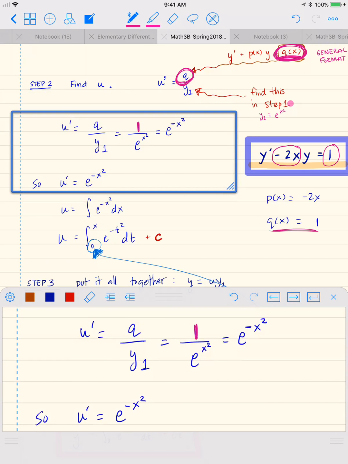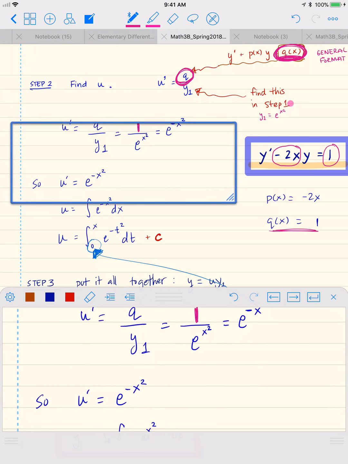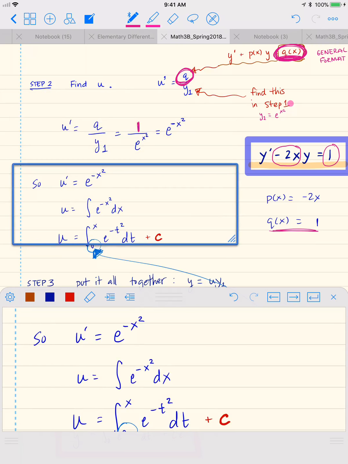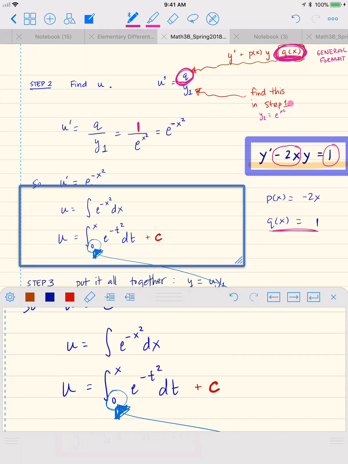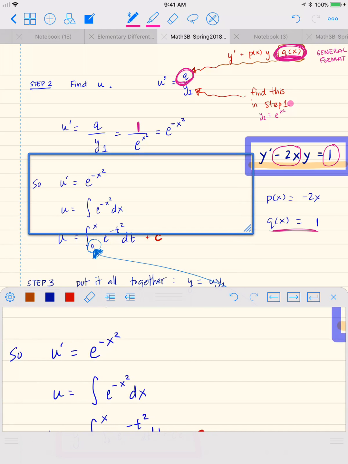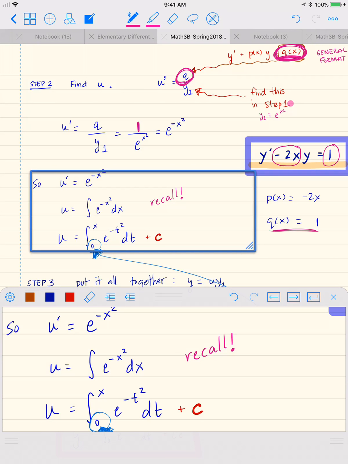Now, if we know that u prime is equal to e to the negative x squared, the question is, what is u? Well, u is going to be an antiderivative of e to the negative x squared. Recall, we can't integrate e to the negative x squared in closed form. We could try to use power series, we can approximate it. If you try integration by parts, it'll fail.